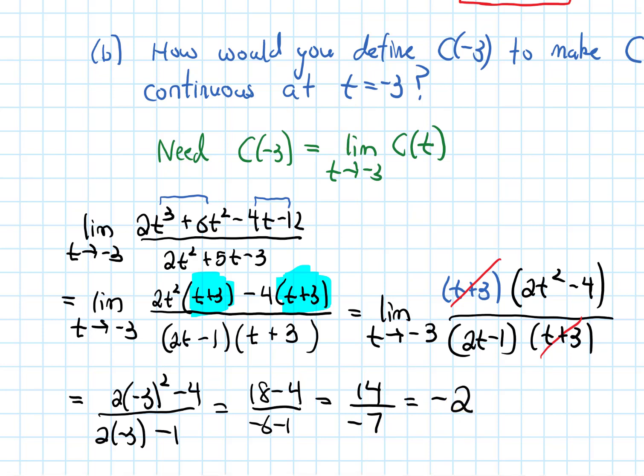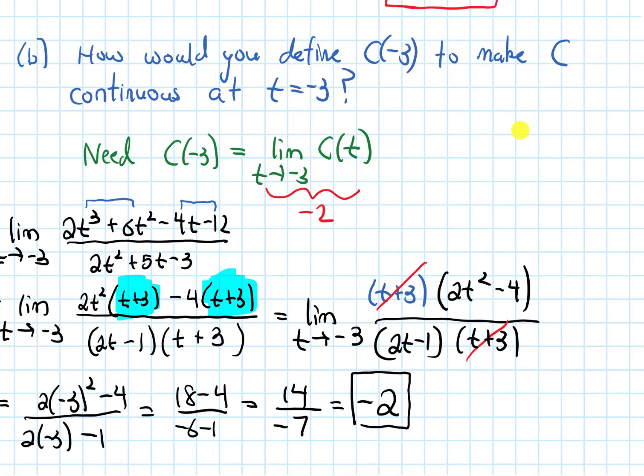So this limit equals negative 2. So if I define c of negative 3 to be equal to negative 2, then the y value of the function at the point will be equal to the limit, and that'll make it continuous. So this is what I want to let c of negative 3 be.